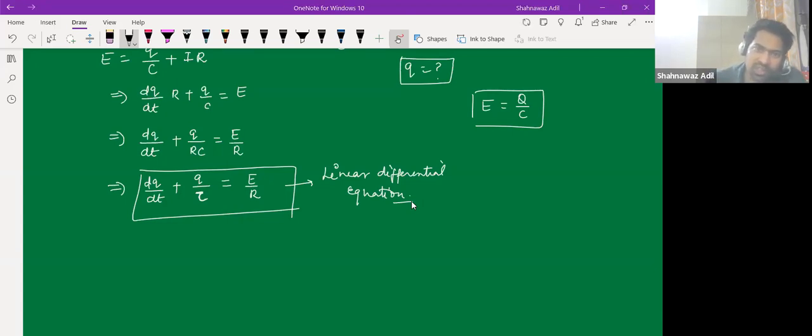This we cannot convert into a homogeneous differential equation.